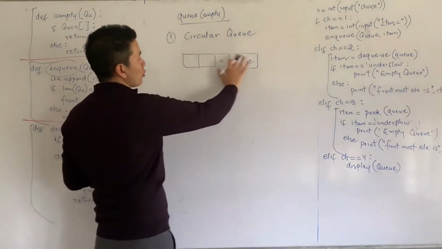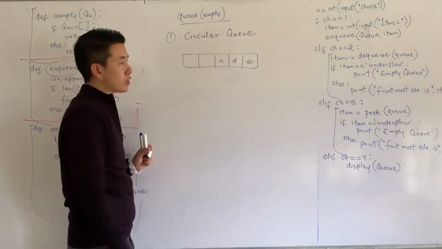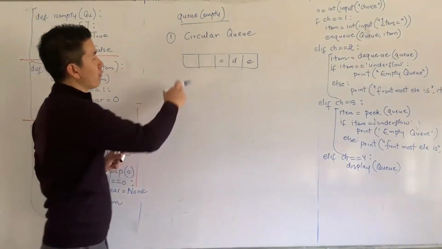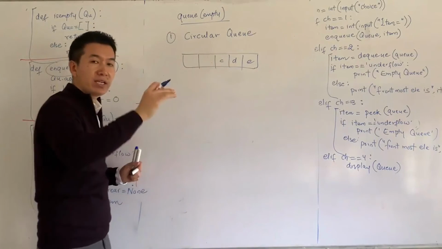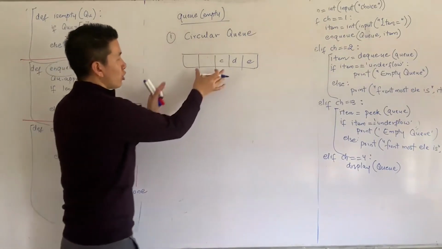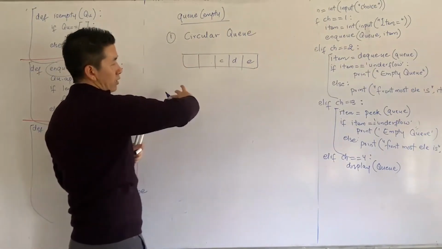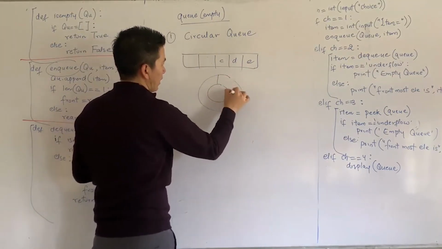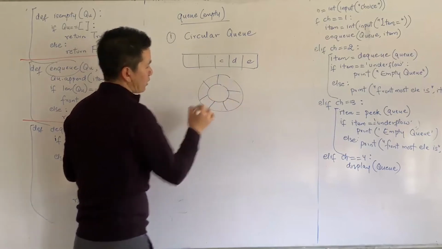So in order to prevent the wastage of unutilized spaces, we have the variation of circular queue in the earlier programming languages. So if you could make this in a circular shape, something like this, let's say like this, okay, and then you have various partitions like this, okay.